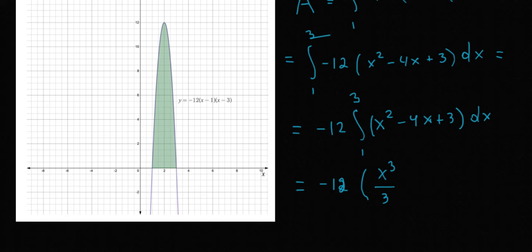The antiderivative of negative 4x will be negative 4 times x squared over 2, and then the antiderivative of the constant term 3 is just 3x. This antiderivative needs to be evaluated at the endpoints of integration, 1 and 3, and we should take the difference of the two values.